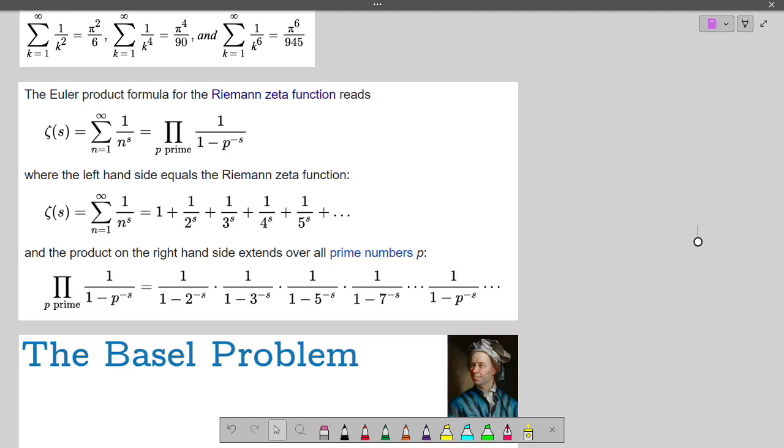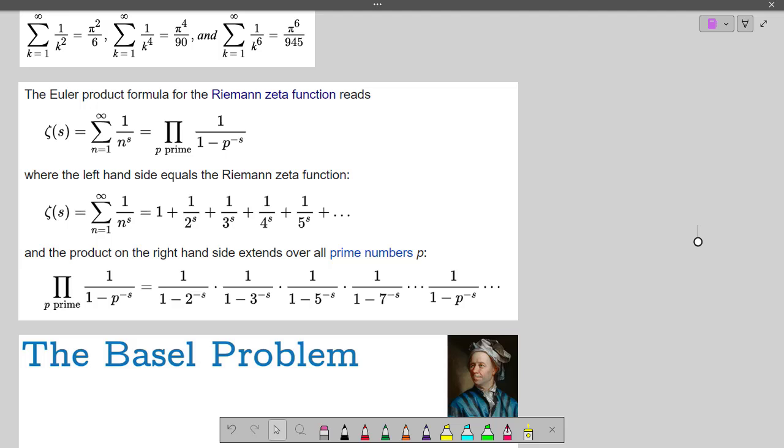So here is a crazy theorem, and if you look it up on Google, you'll see it. This equates an infinite sum with an infinite product where all of those p-values are prime. So this turns a sum into a product with only prime numbers.